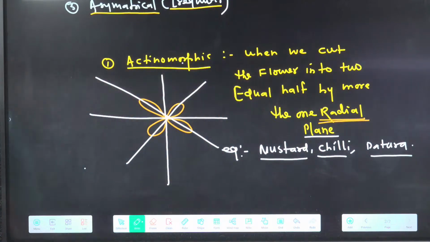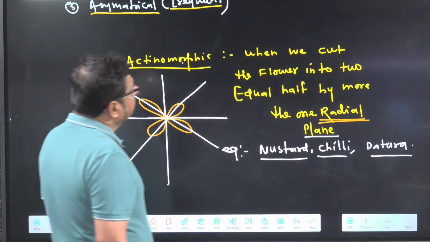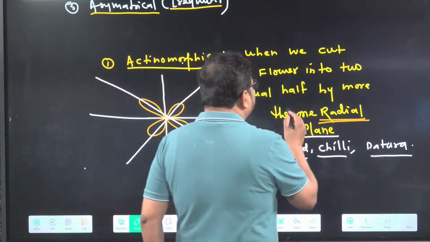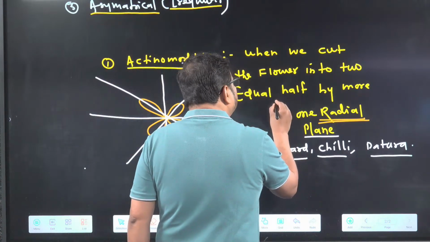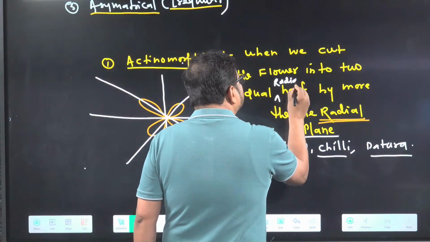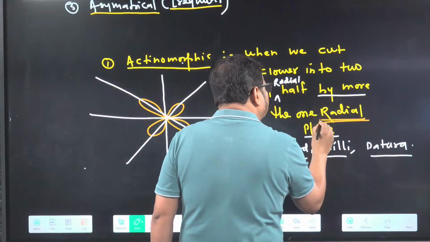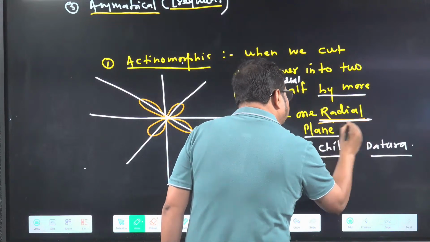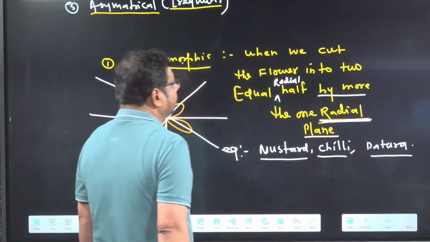Actinomorphic flower. Picture came. Is it all right? And we are dividing the flower into two equal radial halves by more than one which plane? Radial plane. Radial word I am using.